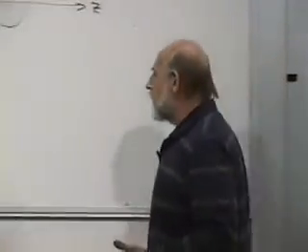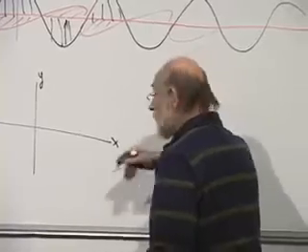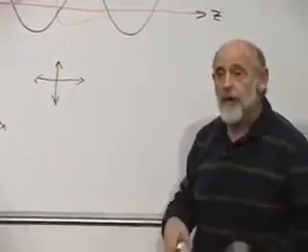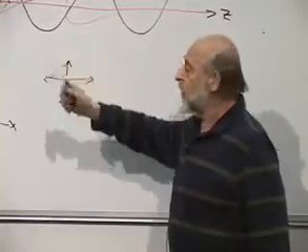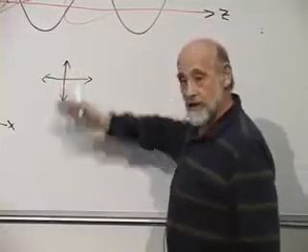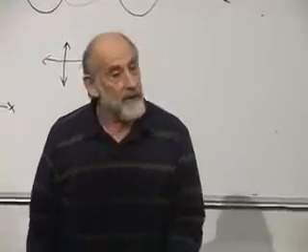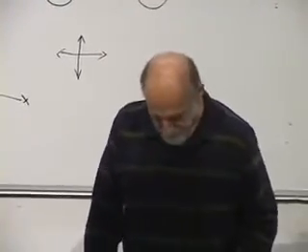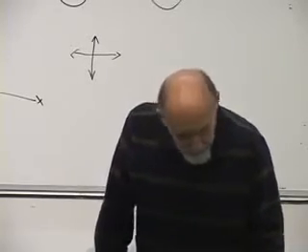Or the wave can be polarized along the x-axis, or along any axis. The definition of the polarization is the plane or the direction of the electric field oscillations. That's arbitrary. You could have defined it to be the magnetic field oscillations, but that's how it's defined.